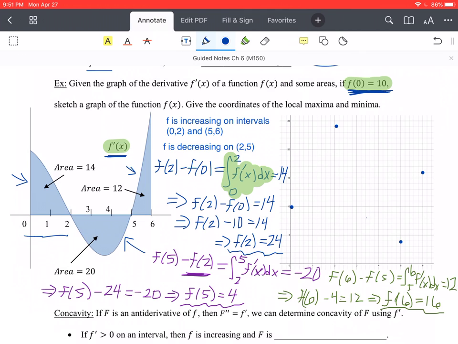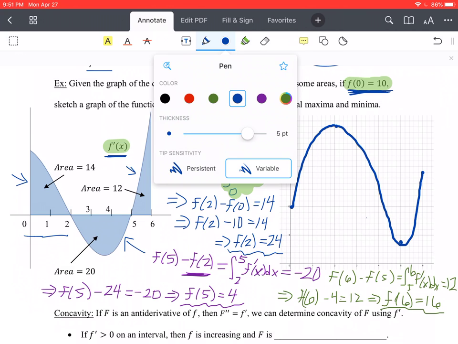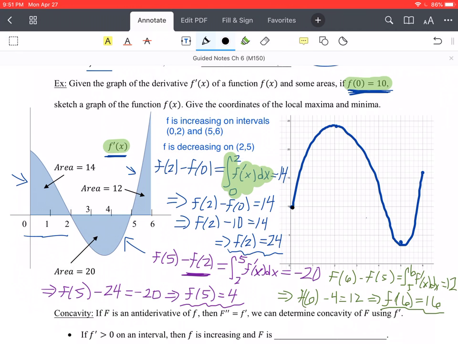And now we just try to connect the dots as smoothly as possible, to make a smooth curve. Something kind of like that. Roughly, let me accentuate where these points are.